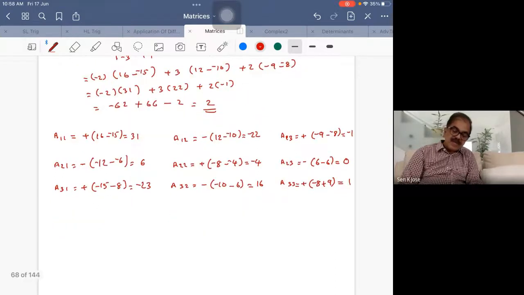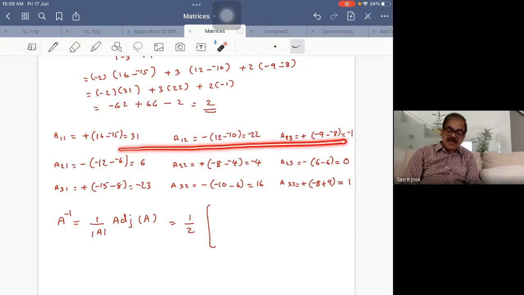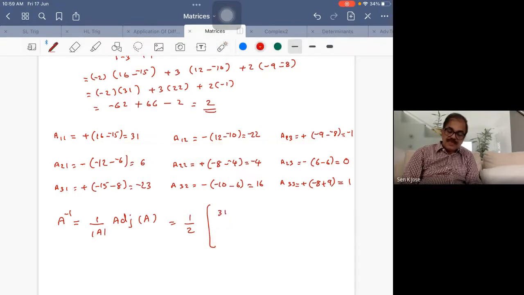So I have every element done. So I'm going to do A inverse straight away. I'm not writing adjoint, I'm straight away doing A inverse. A inverse is 1 by determinant A into adjoint of A. 1 by determinant of A, 1 by 2 into adjoint of A. Adjoint of A is the transpose of the cofactor. So I take the transpose of the cofactor, read the first row, write as the first column. So read the first row, 31, -22 and -1.